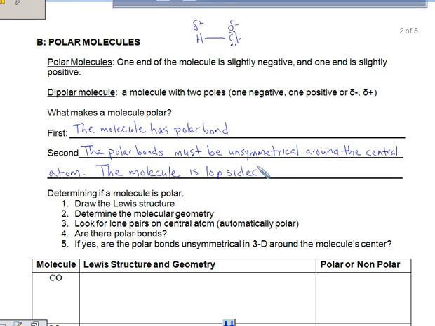Now, one thing that will automatically make a molecule lopsided is if we have a lone pair around the central atom. So that's one thing to look out for.